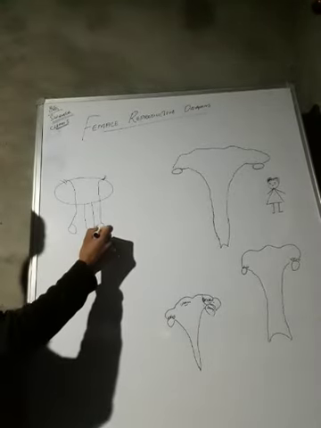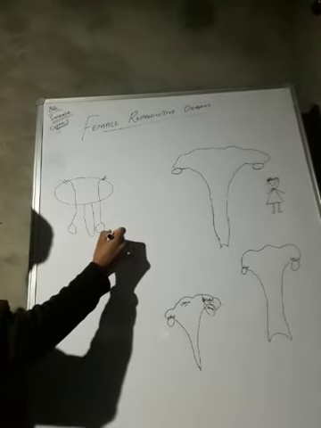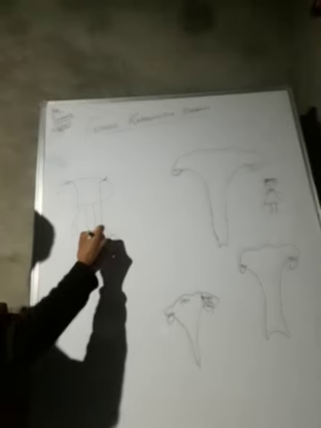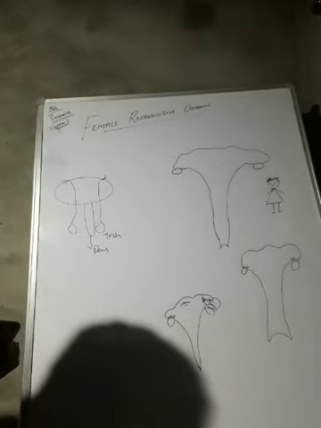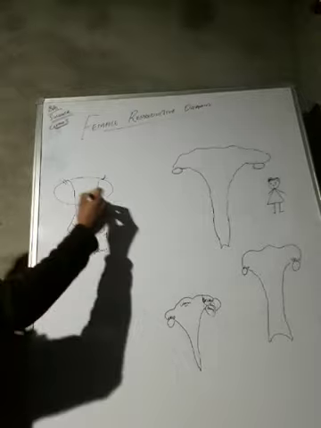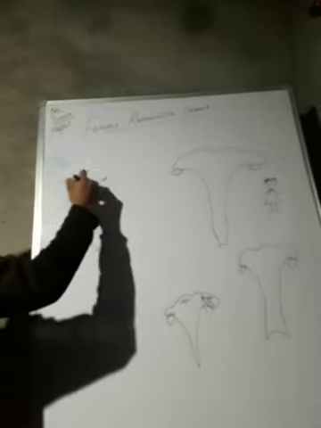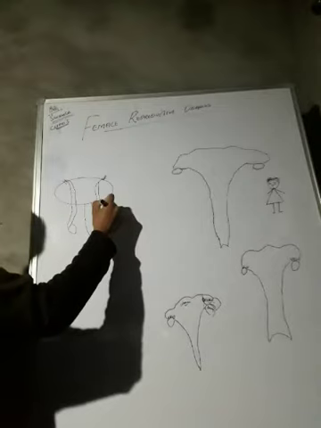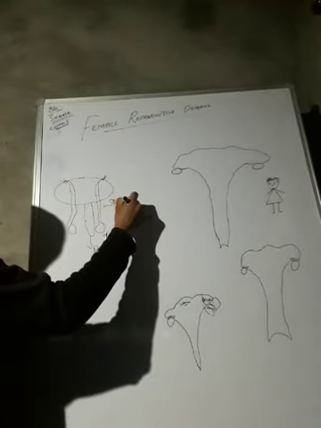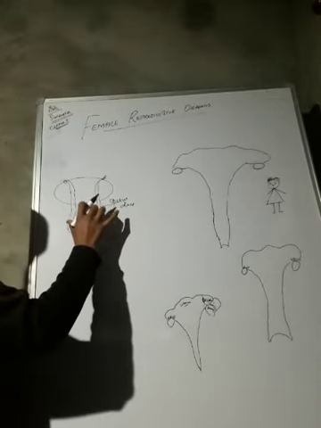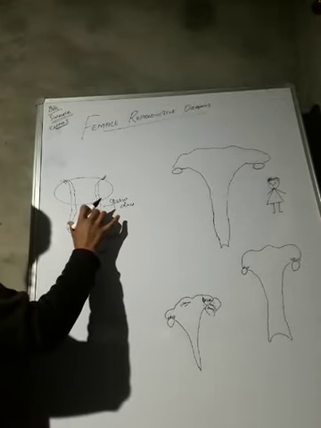These are the two testes. This one is the penis, and these two are the sperm ducts. So this is the diagram of the male reproductive system.